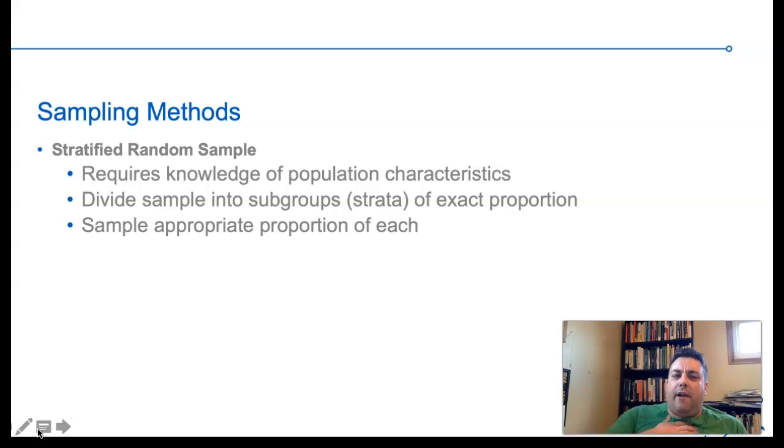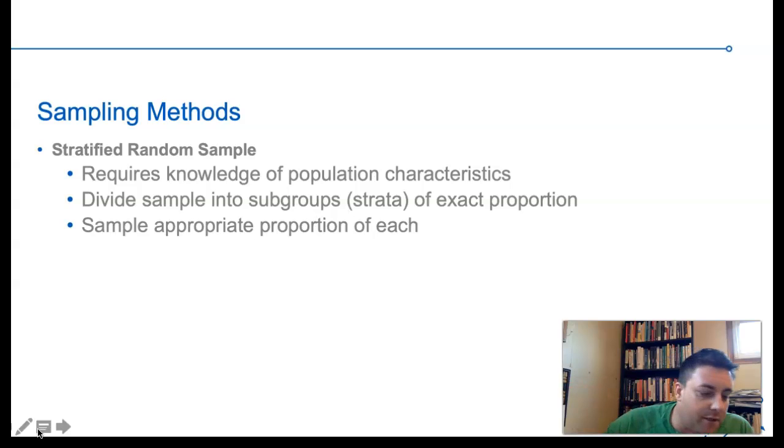So a stratified random sample means that we have to know something about the population. We divide it into subgroups of exact proportion, and then we sample until we get an appropriate proportion.